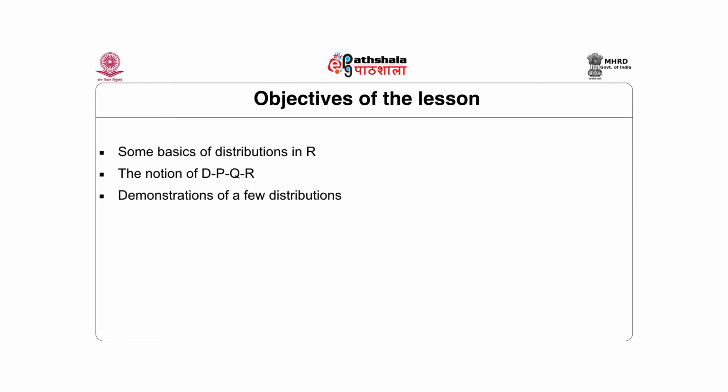And then we are going to learn a little bit about the use of prefixes. Here you have 4 prefixes arranged in alphabetical order from left to right. These prefixes are D, P, Q, and R.